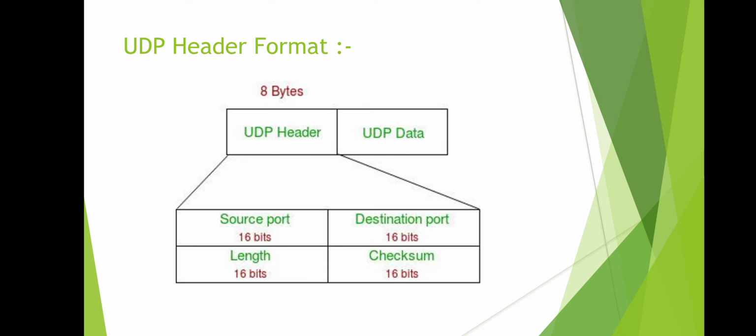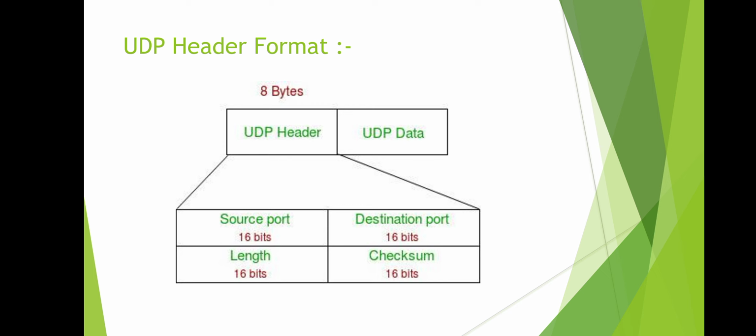Next, see the UDP header format. In the UDP header format, 8 bytes contain all the necessary header information, and the remaining part consists of data. The first one is the source port. It is a 16-bit field, and it is used to identify the port number of the source. And next is the destination port. It is also a 16-bit field, and it identifies the port number of the destination point.